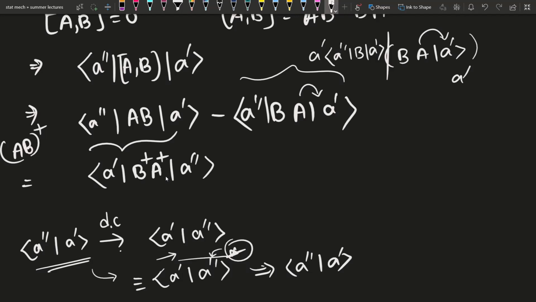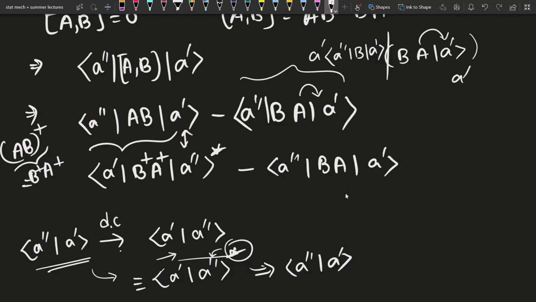Why B dagger first? We'll discuss later in another video how this becomes B dagger first and then A dagger. Okay, then its complex conjugate. So it will be equal to this, then minus A double prime, B, A, and A prime.